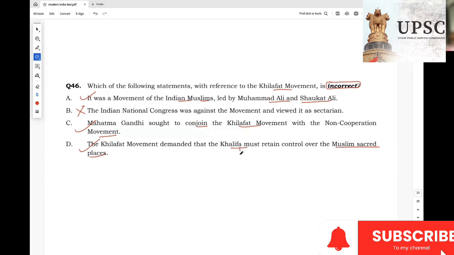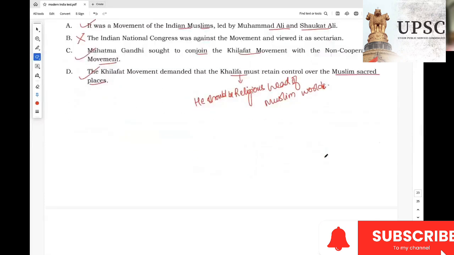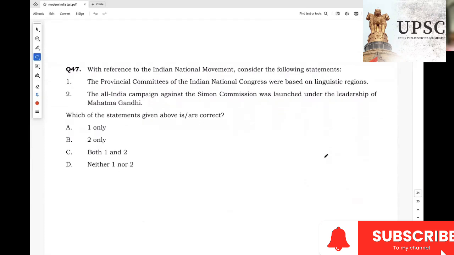Yes, that is, he should be the religious head of the Muslim world. They never said that the Khalifa should be the political head. Okay, if you remove him as political head, it's okay, but let him be the religious head for the time being. But it was rejected by the victorious powers in the First World War.